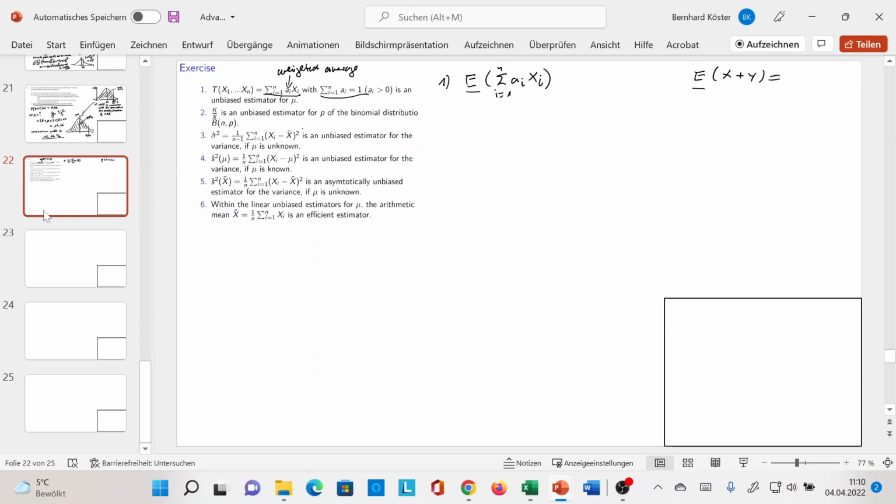I think in the second lecture I also recapitulated the properties.